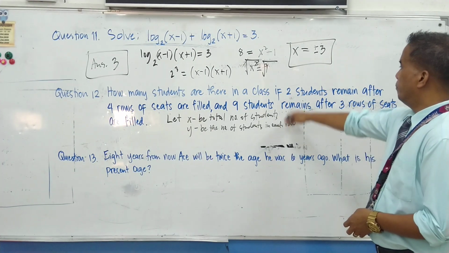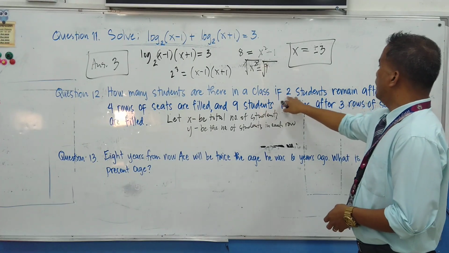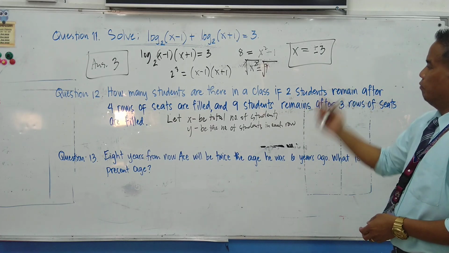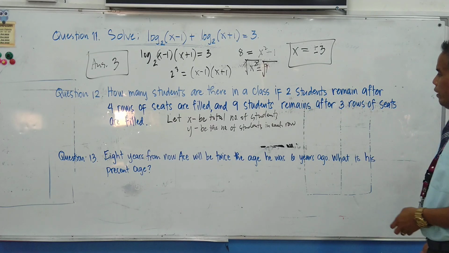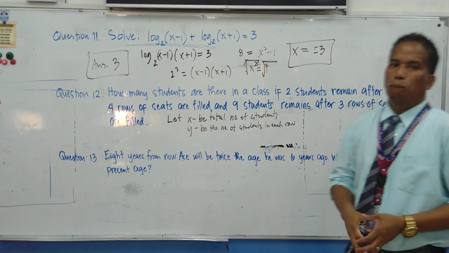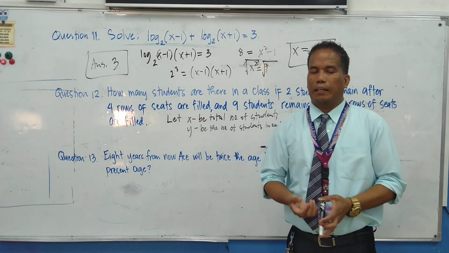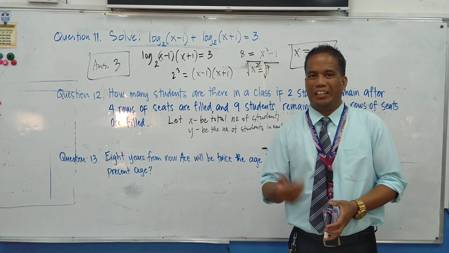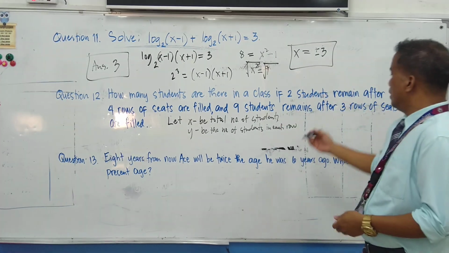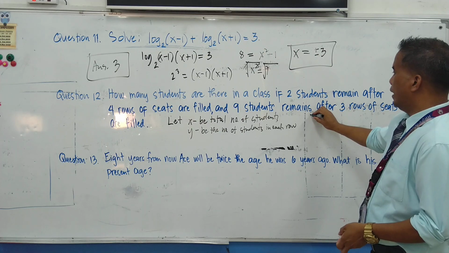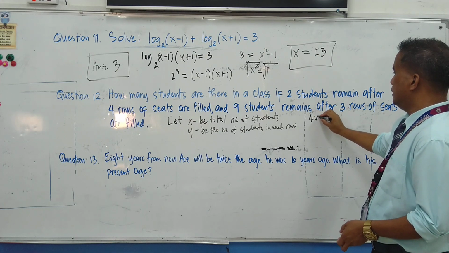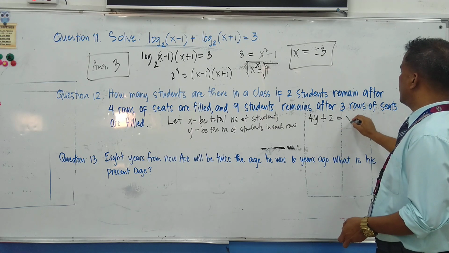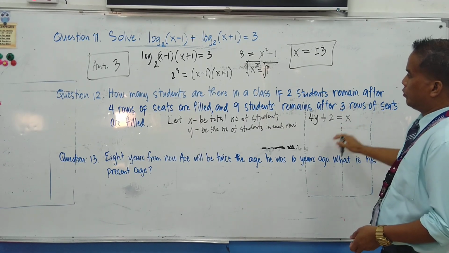Okay. So from here, 2 students remain after 4 rows of seats are filled. So in mathematical expression, or writing it into an equation, we have now 4y plus 2 is equal to x, the total number of students.